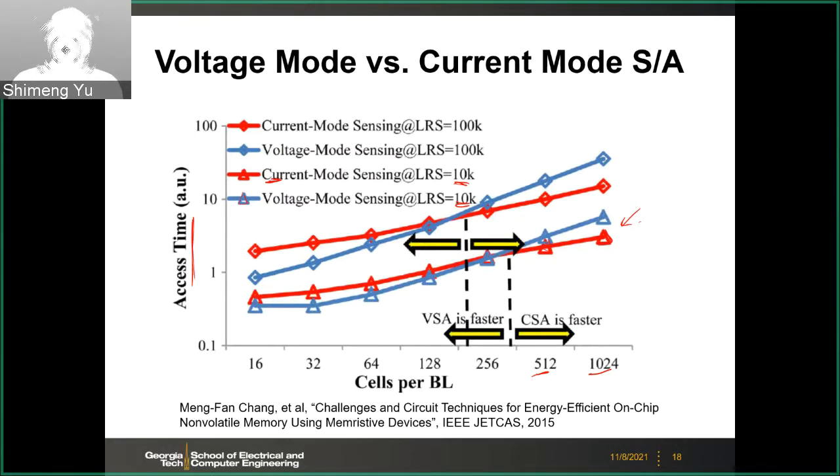This is a normalized delay. You see the current mode is faster for the large array, especially when the low resistance state becomes higher, like 100 kilo ohm, then the break-even point moves to here. So above a 128 by 128 array size, you see the current mode is faster.